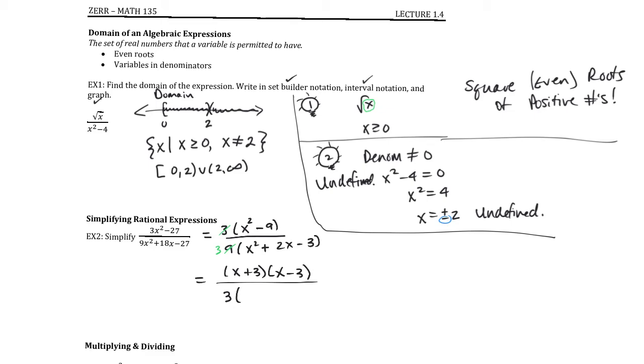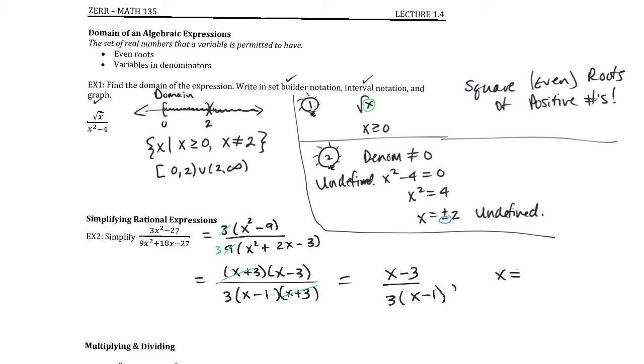Then x squared plus 2x minus 3 factors as x plus 3 times x minus 1, and our x plus 3's can cancel, so I'm left with x minus 3 all over 3 times x minus 1.